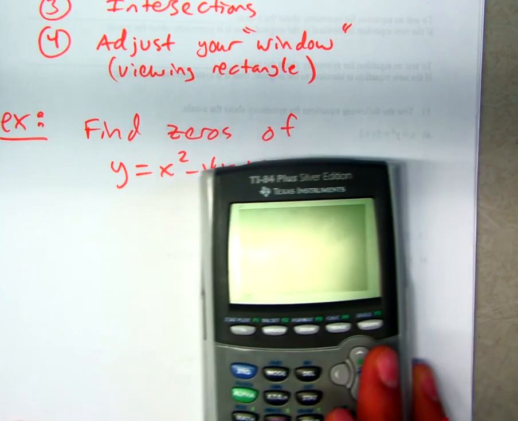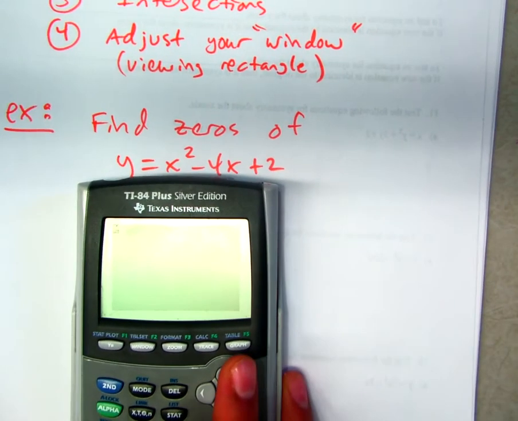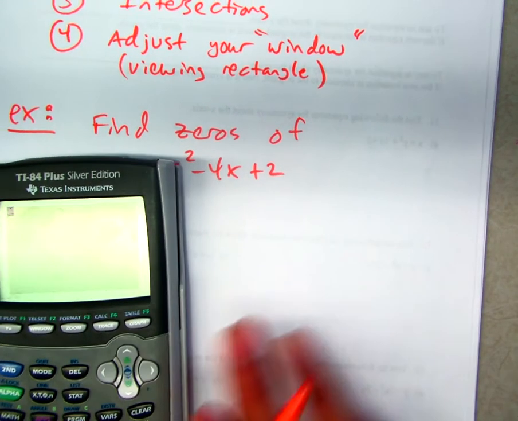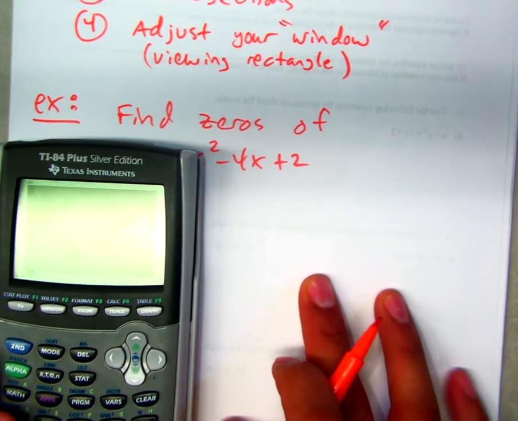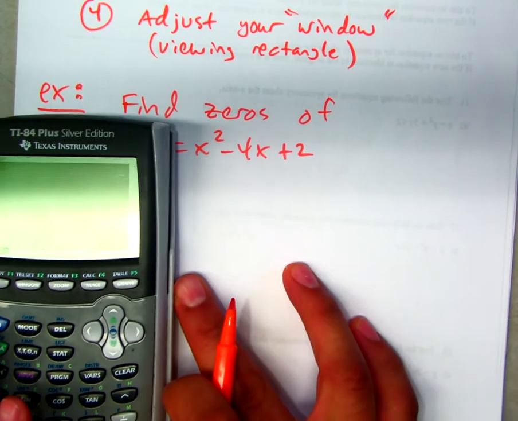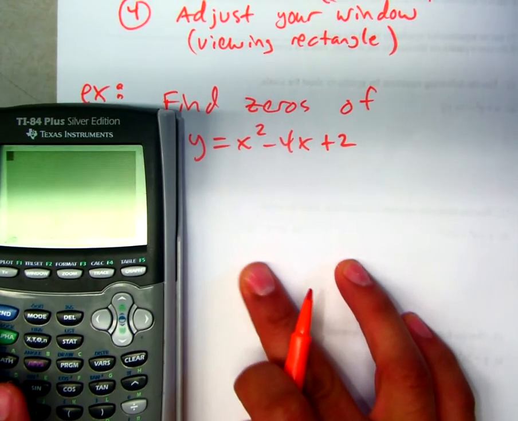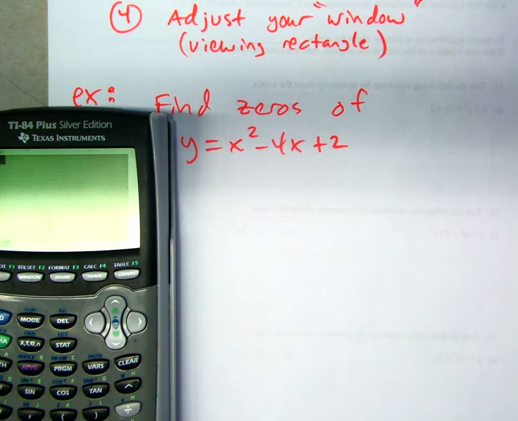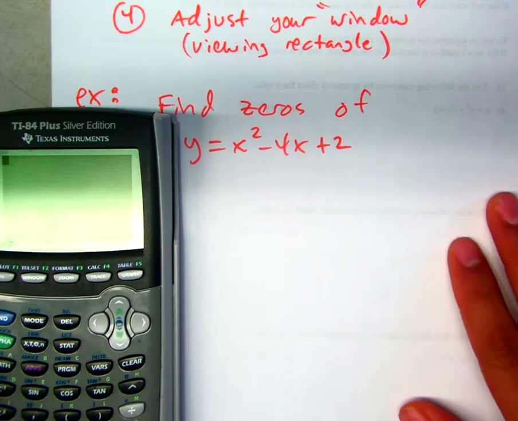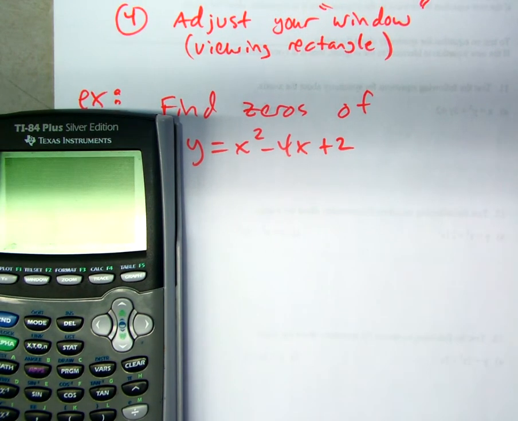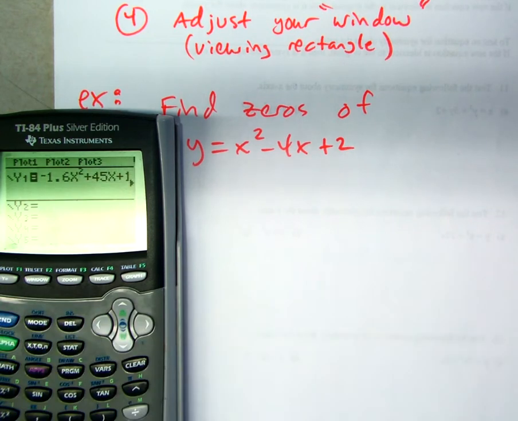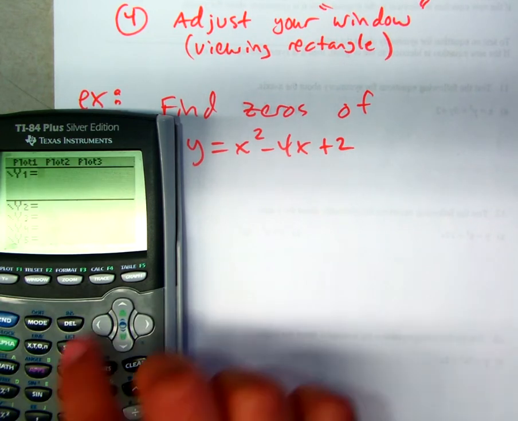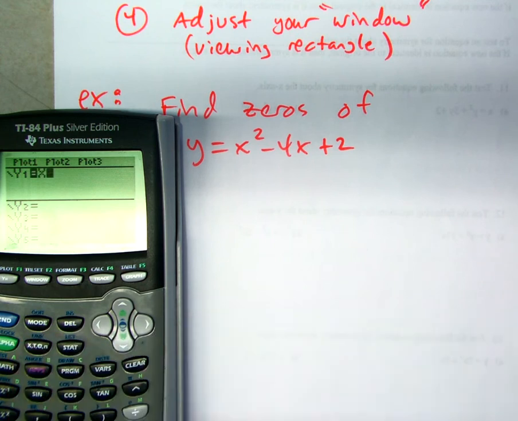Let's see, where should I put this so it's not hard to see? That works, I think. Okay. So, first, what do we do? Y equals, good. Type in the equation. Hopefully you know how to type it in. If not, ask.